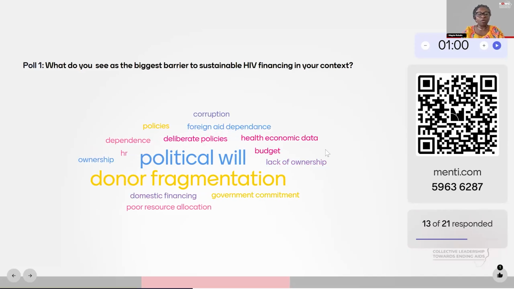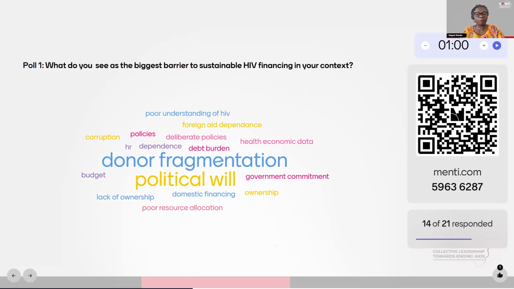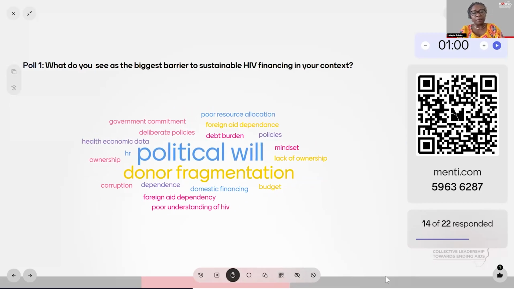Lack of ownership is also coming up, corruption, foreign aid dependence, HR, ownership, poor resource allocation, but we see a big focus on donor fragmentation and political will as being a big barrier to sustainable HIV financing in your context.